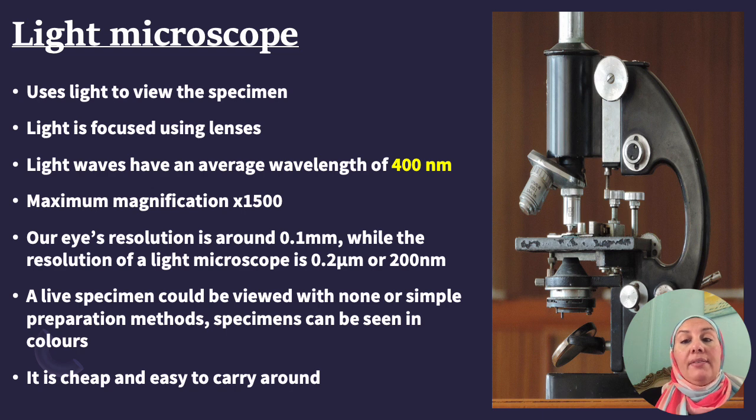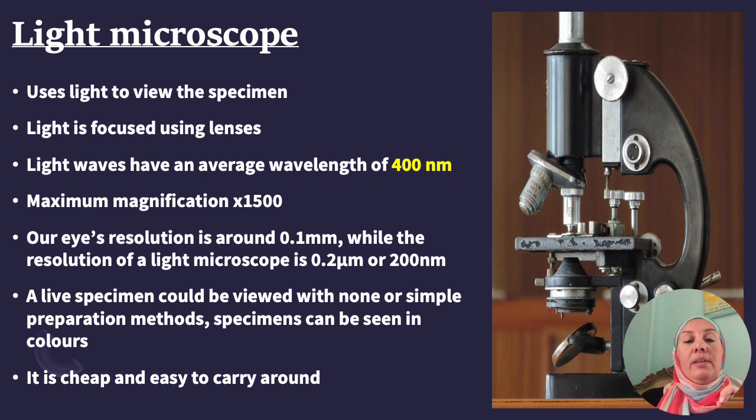Bear in mind, you may have studied in physics that light is actually 7 different colors. Because the light around us is a combination of all these 7 colors, we refer to the wavelength of light as an average wavelength, because as we use each light color differently, we will get a different wavelength.